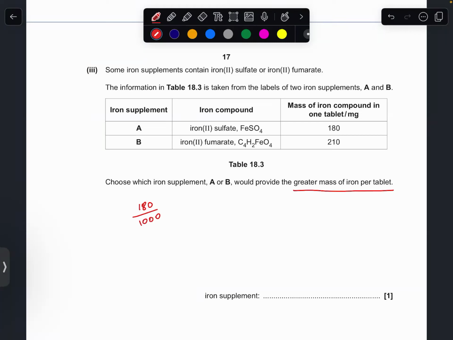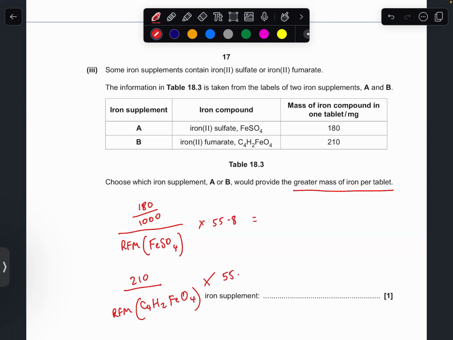Mass over Mr, the relative formula mass of iron 2 sulfate, gives you the moles of that iron compound. We then times that by 55.8 to get the iron on its own. The other calculation is 210 over the relative formula mass of iron 2 fumarate, which is C4H2FeO4, and times that by 55.8.